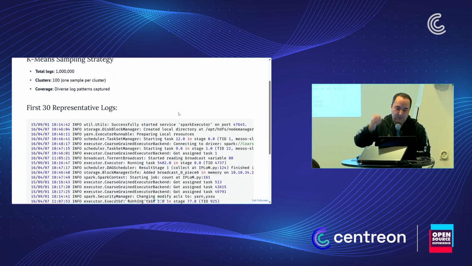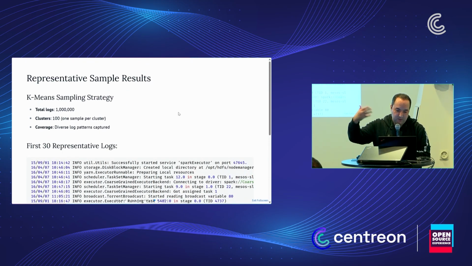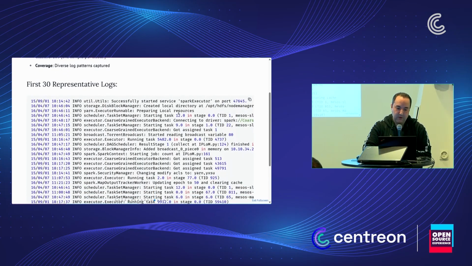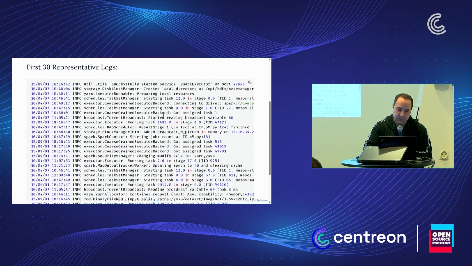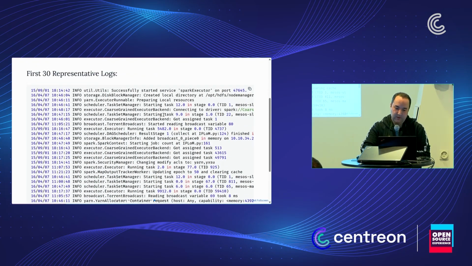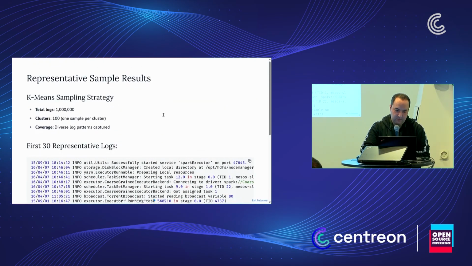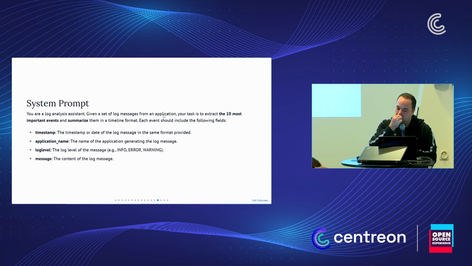So we did all this work with the k-means and so on, and we built our represented vector. This is just a sample of the 31 values from our sample. Now we have built the sample, and now we have to build a system prompt. We built an agent that is a summarizer. It's quite simple. You say you are a log analysis assistant, given a set of log messages from an application.